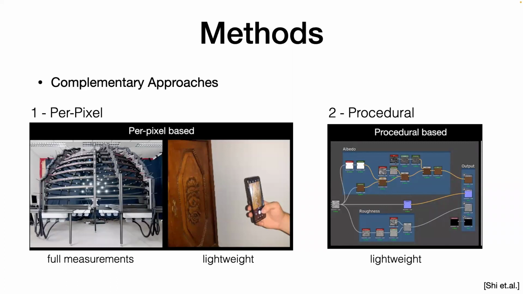And then there are lightweight methods, both for procedural and per pixel, where you have some sensor, like a smartphone that has a camera, and you capture several images, and you measure the material more or less the same way we reconstruct the geometry of a scene using multi-view reconstruction. And so we are going to discuss this here.